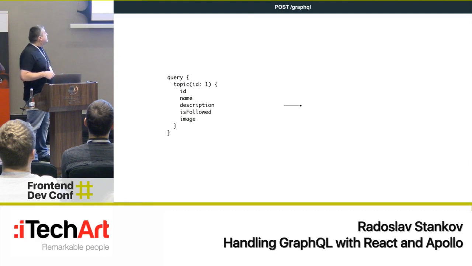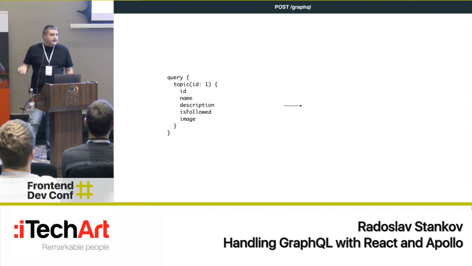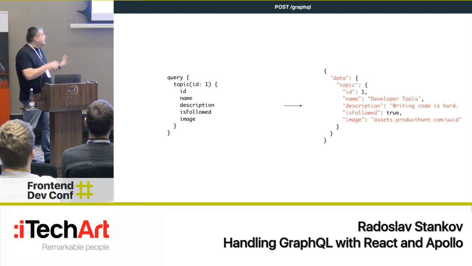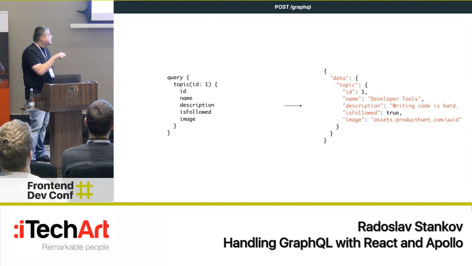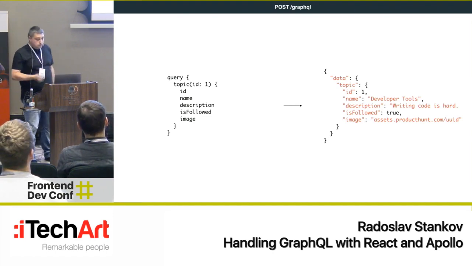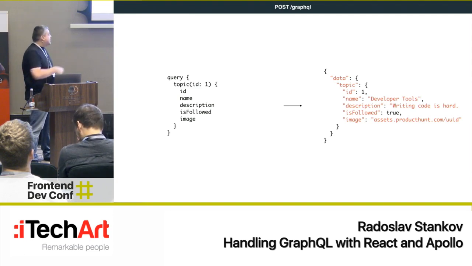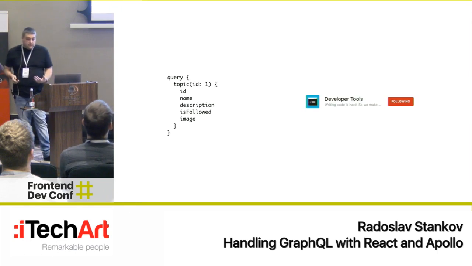With GraphQL, you are hitting an endpoint with this query, this JSON template, and the backend returns you the same data. It just fills in the blanks and makes it valid JSON. So for our line item, we can just request this, get this data, and be happy about it.